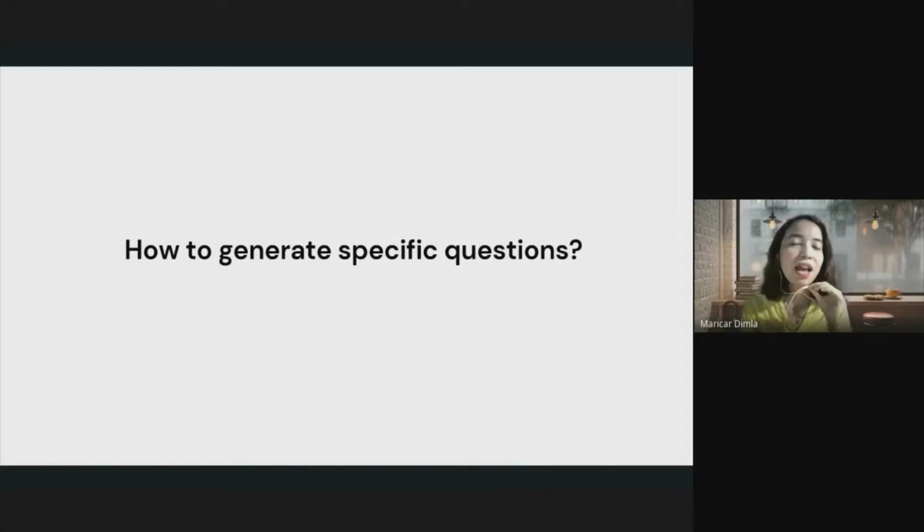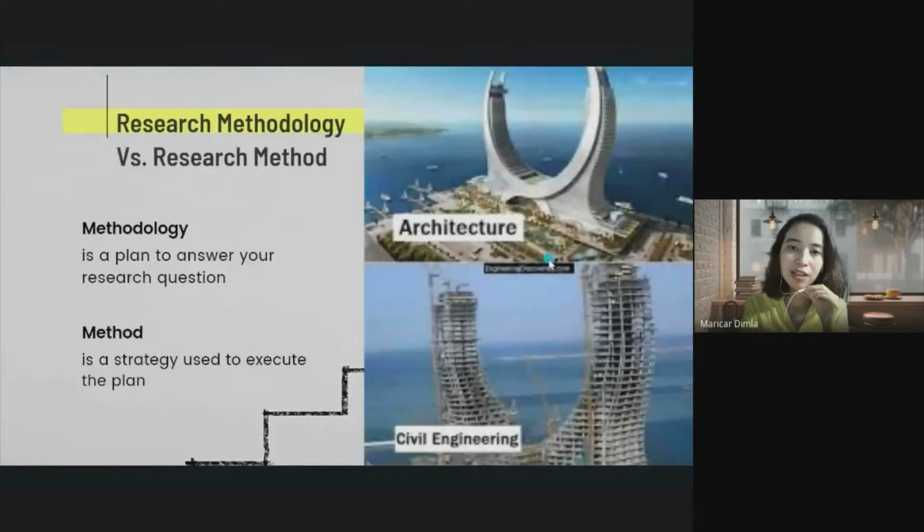Alright, so now that we're clear on the specific questions, why is it necessary to go back to that? Because class, we will be justifying here the difference between research methodology and research method.